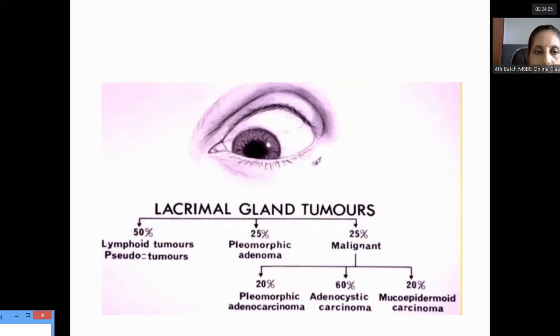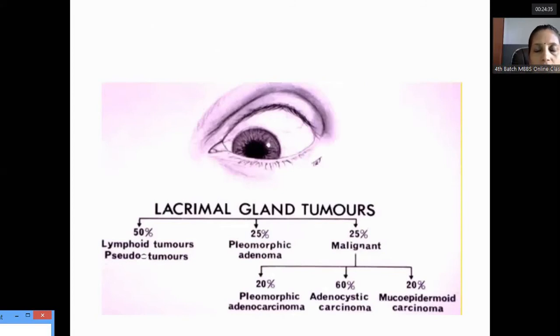So 50% are the lymphoid tumors, which are the pseudotumors, 25% are the pleomorphic adenoma, and 25% are malignant. In the malignant 25%, 20% is pleomorphic adenocarcinoma, 60%, which is the most common, is adenoid cystic carcinoma, and 20% is mucoepidermoid carcinoma.